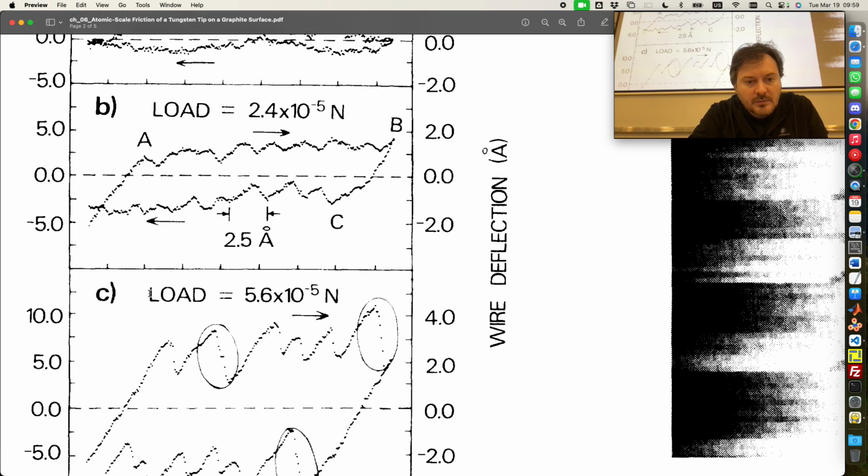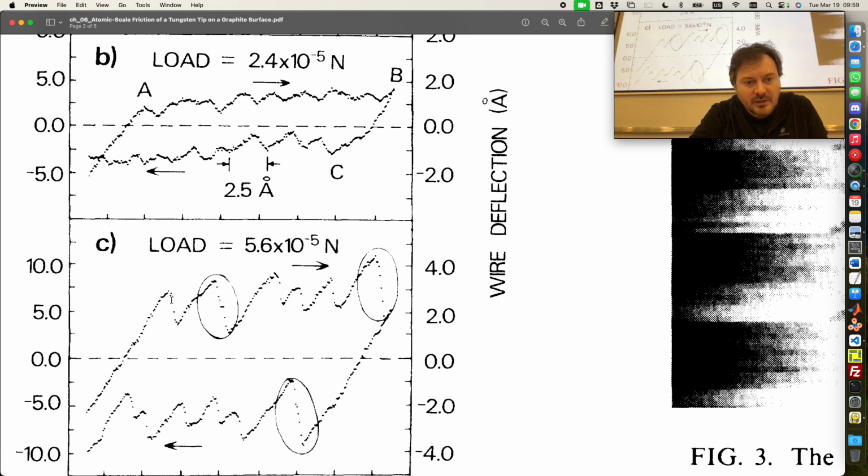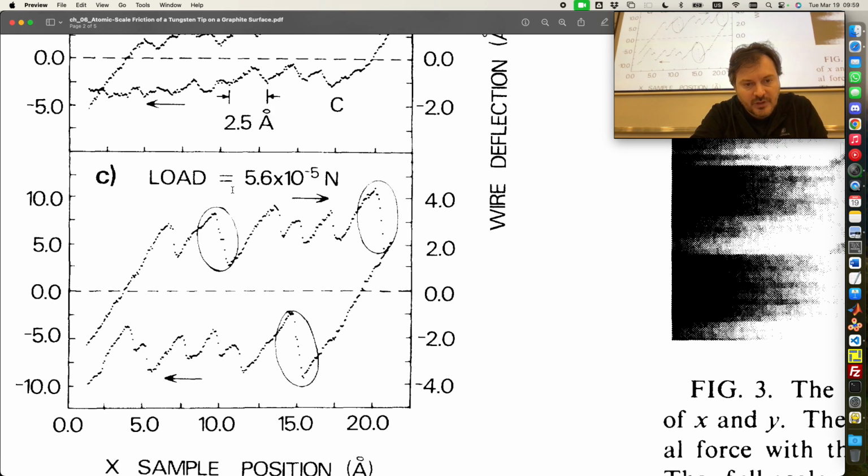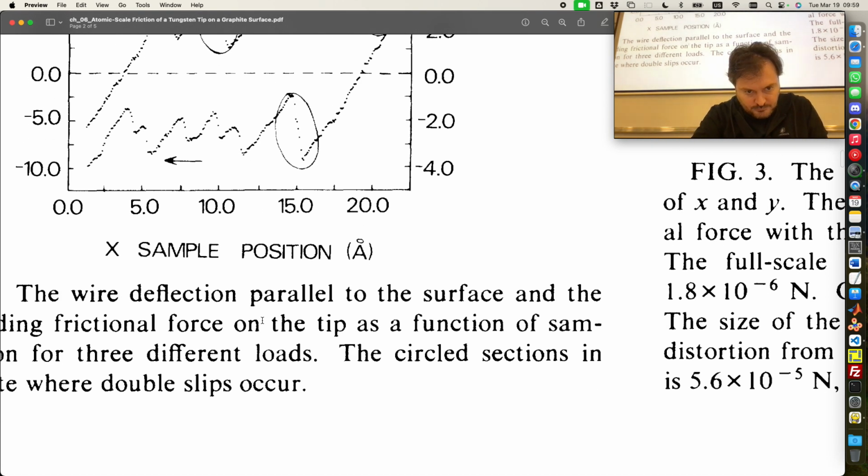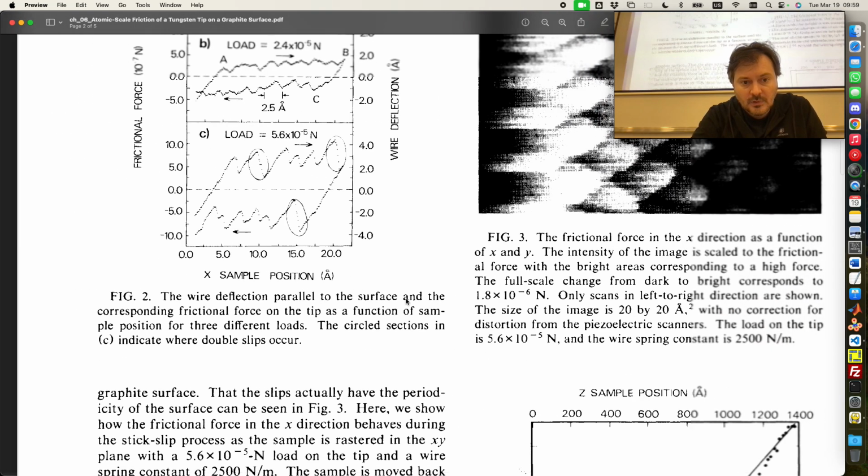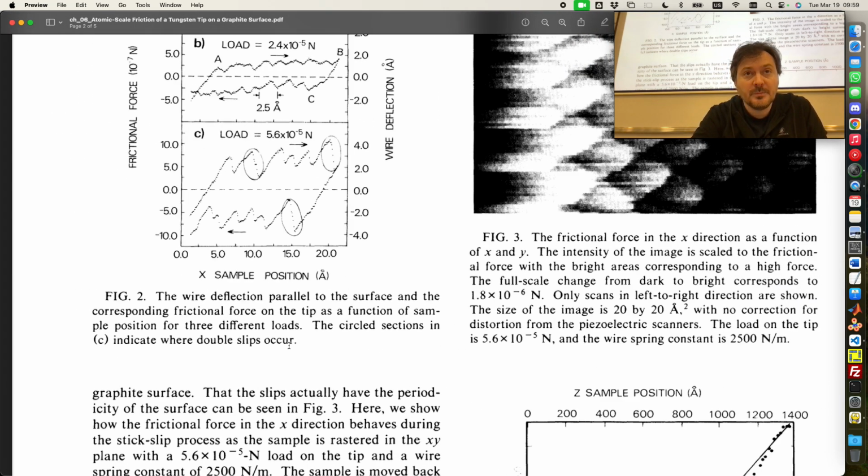You can see that there are these smaller jumps, and then there are larger jumps, and those larger jumps correspond to double slips.